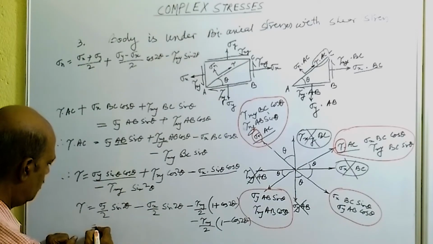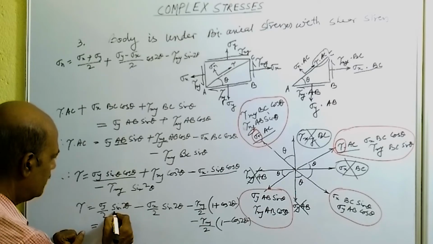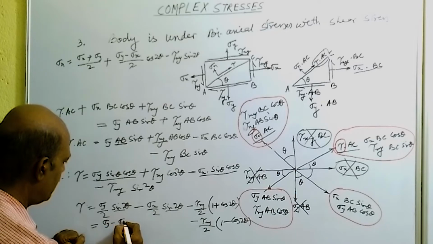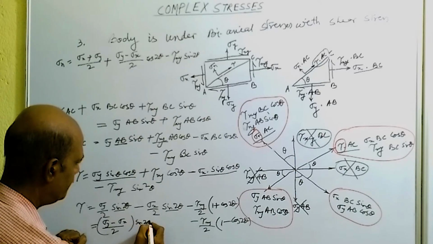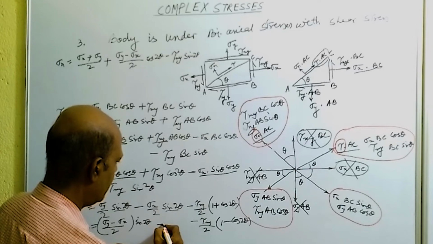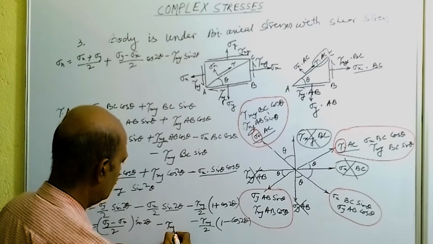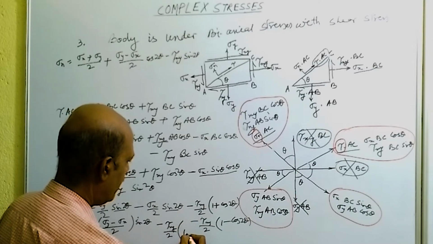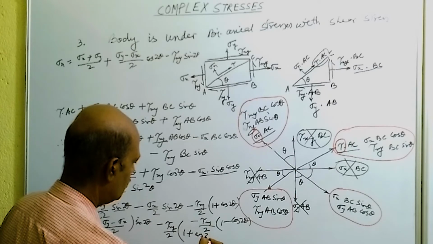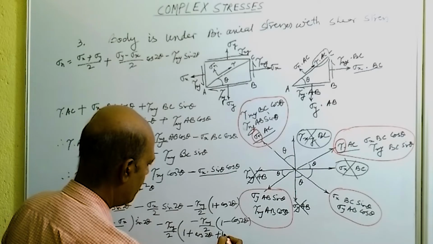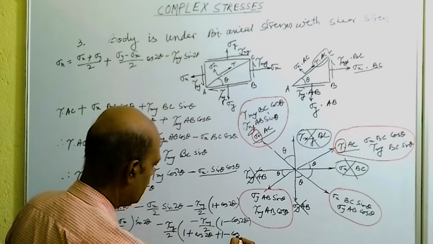Okay, so next taking sin 2 theta common: sigma y minus sigma x by 2 into sin 2 theta. Then for tau xy by 2, we are taking it common, so it will be 1 plus cos 2 theta and 1 minus cos 2 theta.